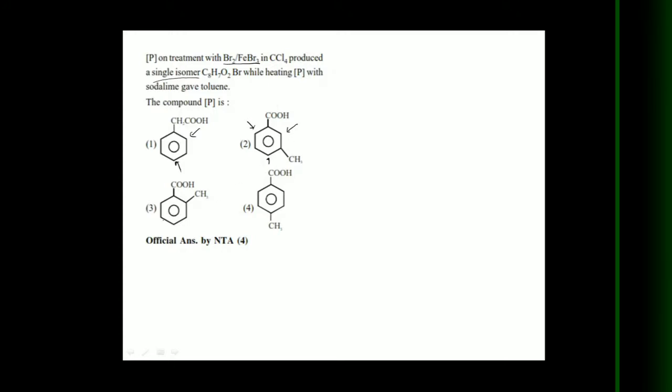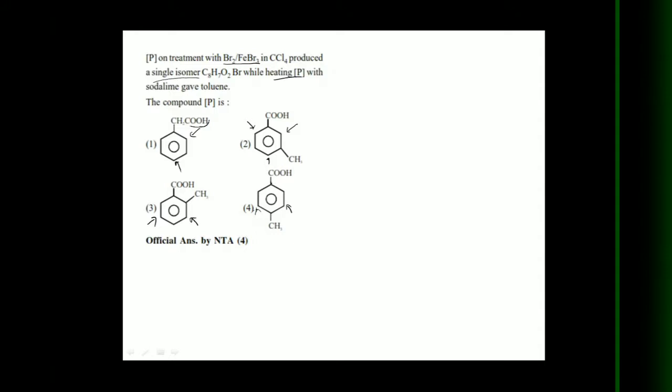Now in this case, methyl is ortho para directing, so here 2 positions are available for attack by the Br plus electrophile. Here in this case, CH3 is ortho para directing. The ortho positions are both the same, but the para position is blocked by this COOH. Now the question says heating P with soda lime gives toluene.